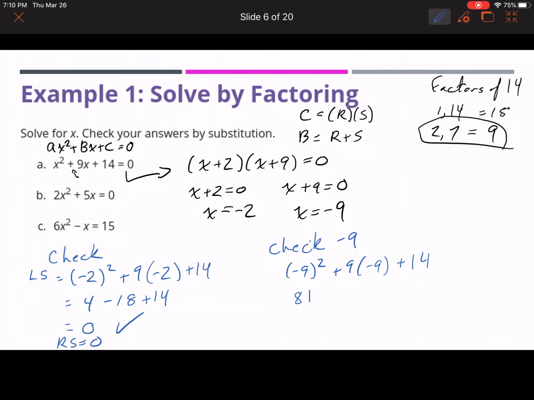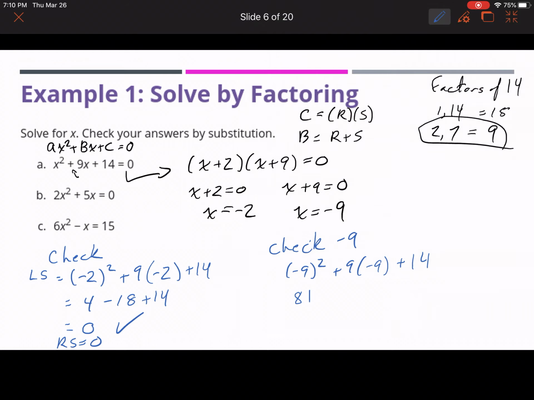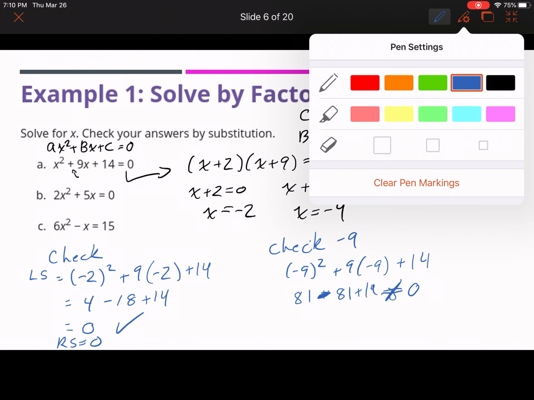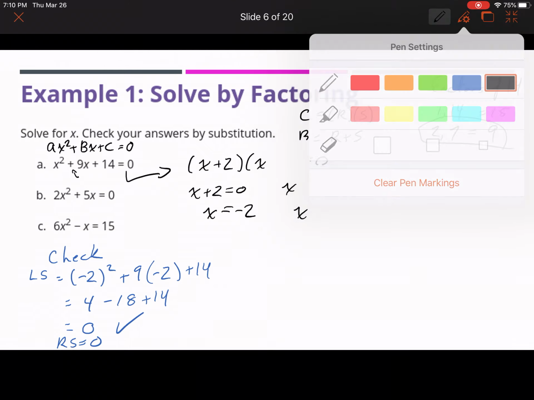Sorry, 7. Dang it. So this is how you know you did it wrong, because I put a 9 instead of a 7. So if I continued that check, that's how you find your mistakes. Because that would be plus 81 minus 81 plus 14, which does not equal 0. Because I screwed that up. Because this should have been a 7.